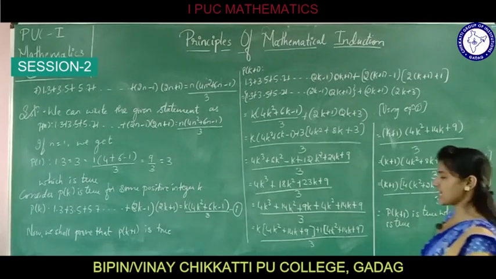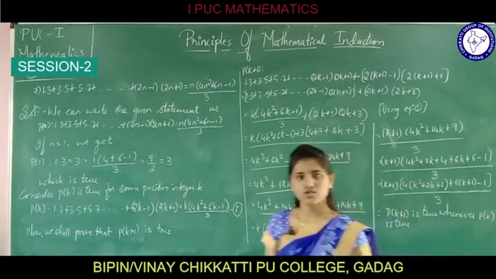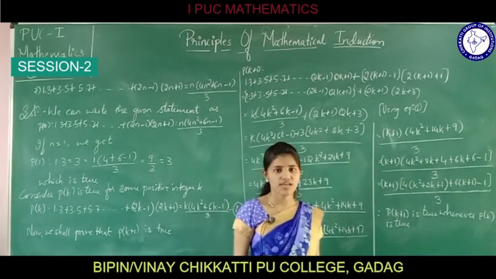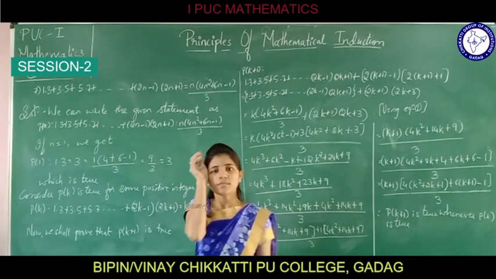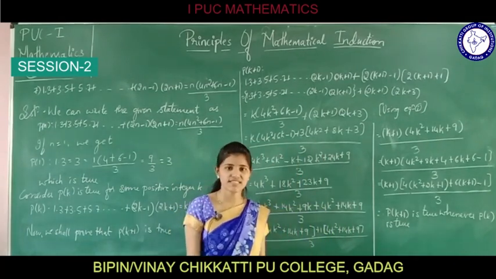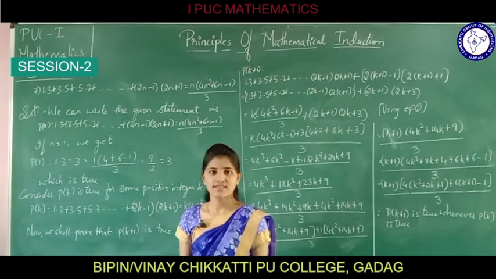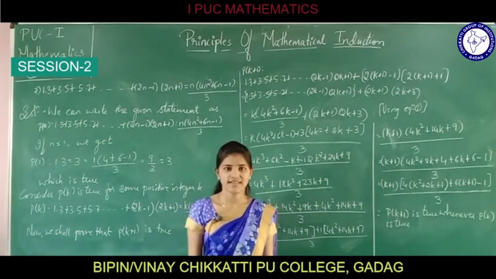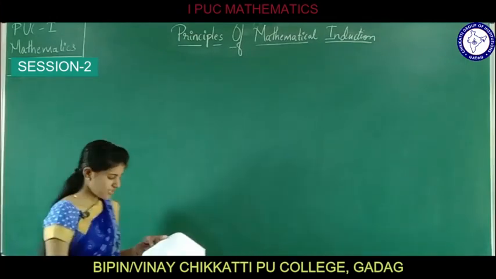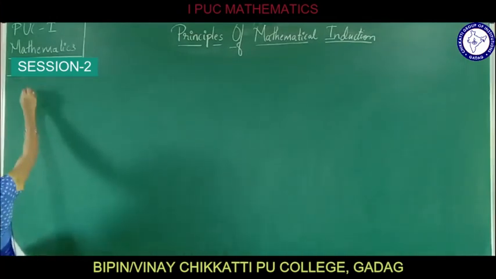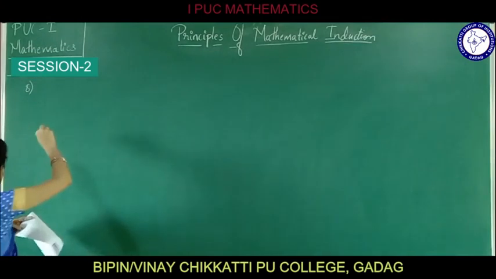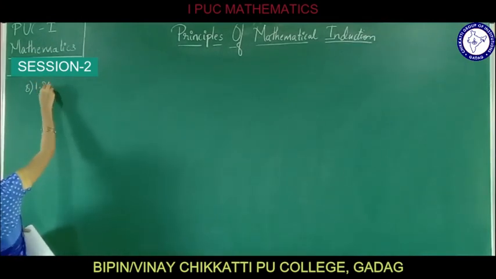Hence we proved that P of k plus 1 is true whenever P of k is true. Again by the principle of mathematical induction, statement P of n is true for all natural numbers n.